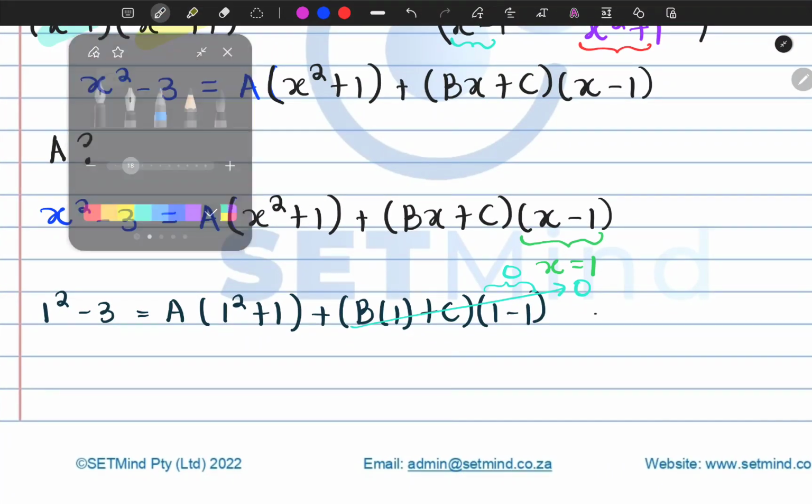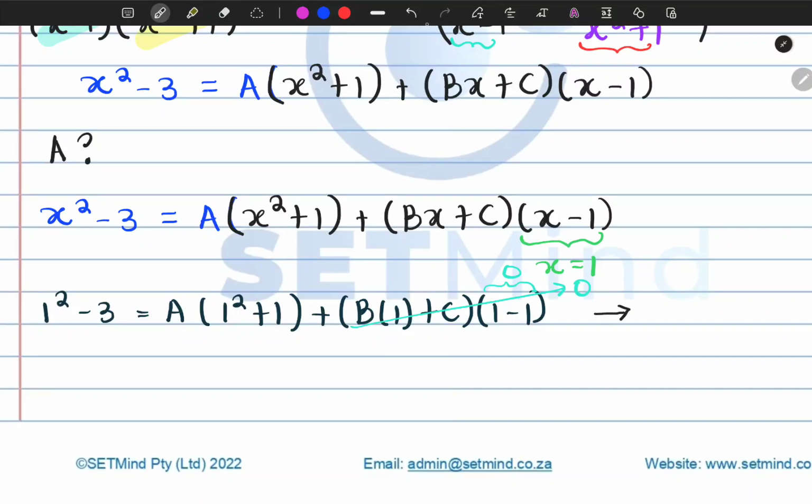So all we find ourselves having now is minus 2 equals 2a. You can easily solve for a, and our a will be negative 1.